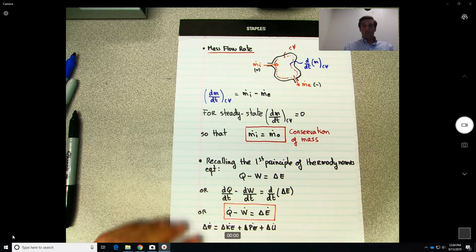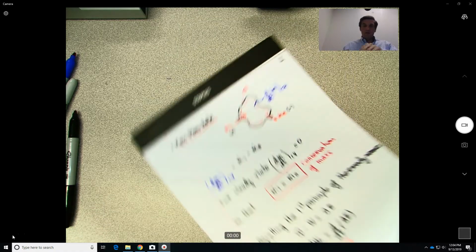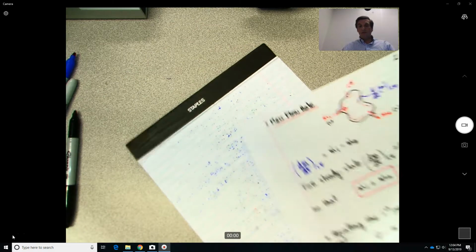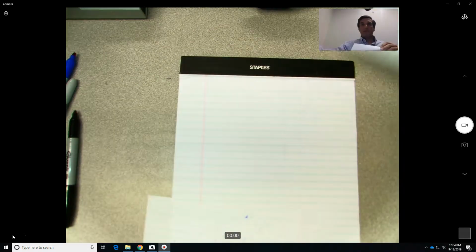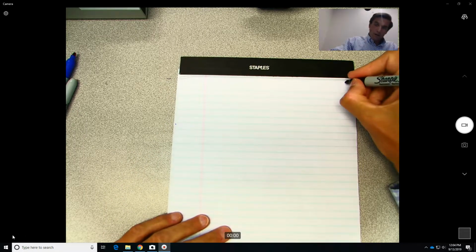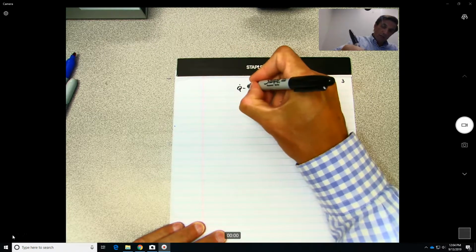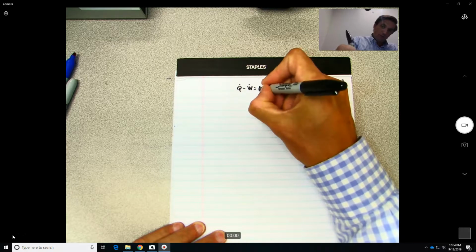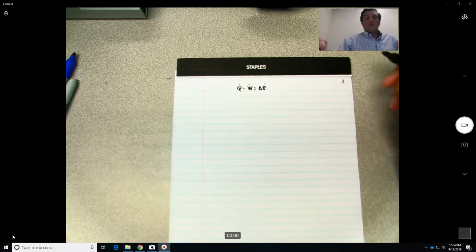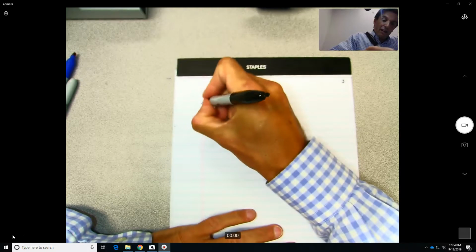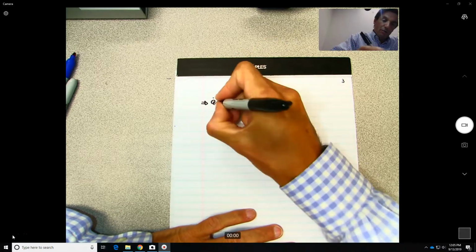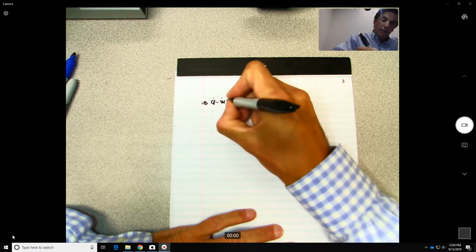All right, so there we go. Let me rewrite this equation: Q minus power equal change of energy. So over here, we can just rewrite this as heat transfer minus power equal to change of energy.